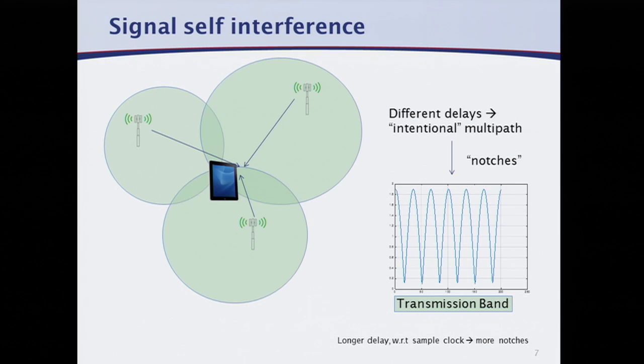Now, what happens, of course, when you do this single frequency network is you get the potential for multiple antennas transmitting the same signal. They've been synchronized by GPS, but unless you happen to be right in the middle here, they don't necessarily all arrive at the same time, or sorry, at the same distance from the transmitters.